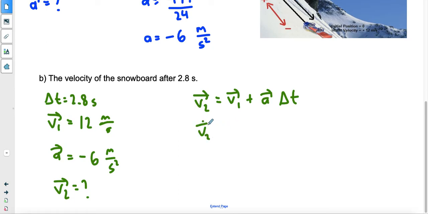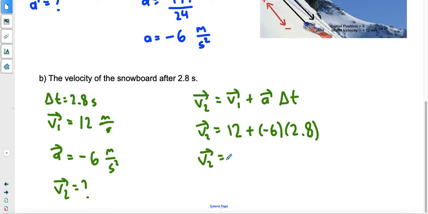Just going to plug everything in. So we have v1, that's 12. The acceleration, that's -6. The time is 2.8 seconds.